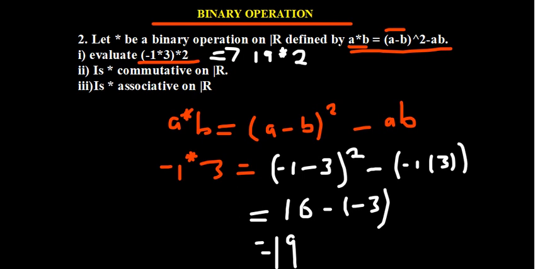So if it's acting on negative 1 and 3, A corresponds to the negative 1, then B is 3. So where there's A, we'll put negative 1. And that's what we did.